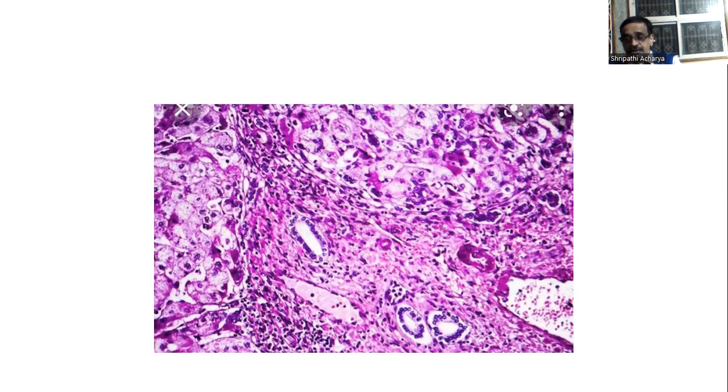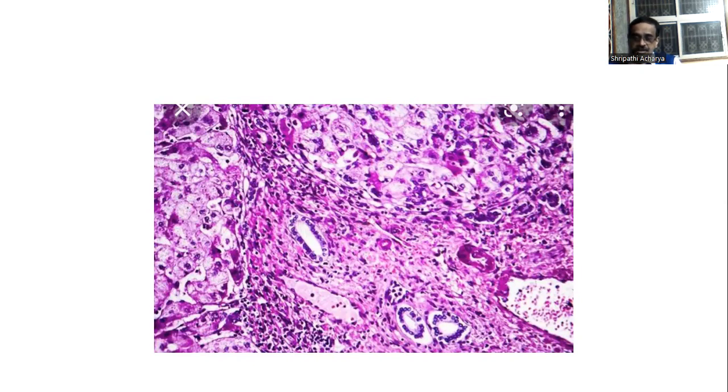Number 1, biliary cirrhosis. Number 2, Indian childhood cirrhosis. Number 3, post-necrotic cirrhosis. Number 4, cirrhosis due to hemochromatosis or iron overload. Number 5, cirrhosis due to copper metabolism or Wilson's disease.